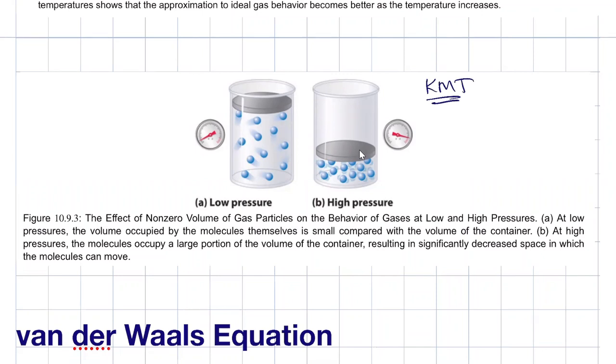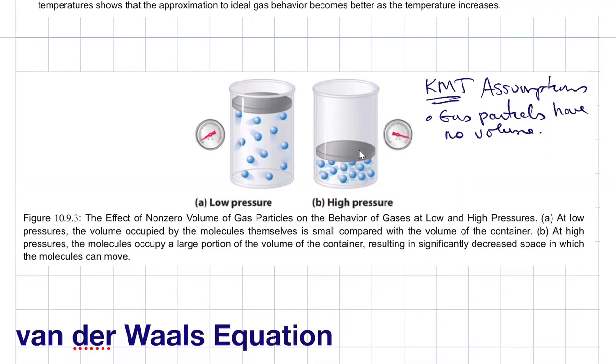Okay, so what you're getting at is one of the assumptions we made in kinetic molecular theory. We assumed that gas particles have no volume. So their volumes are negligible, each particle.